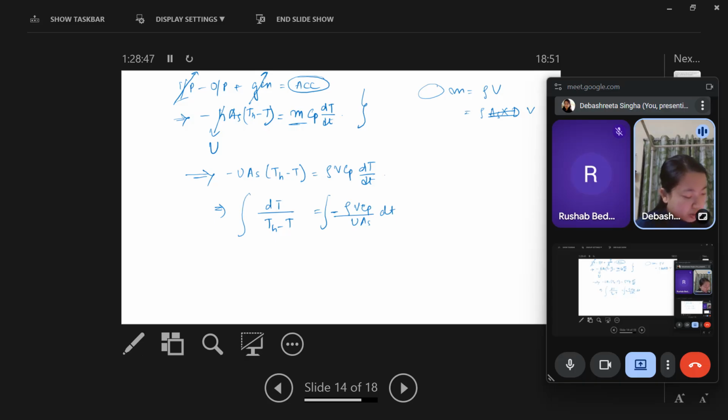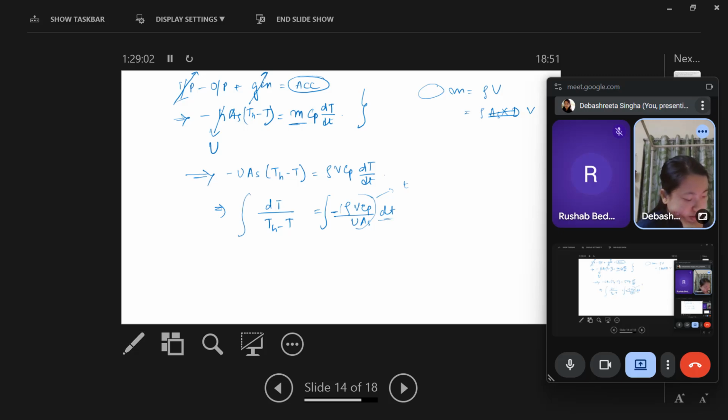So if you integrate, how much are you getting? Here everything else is constant, you'll get only t. I mean, if you integrate dt, you'll get t.